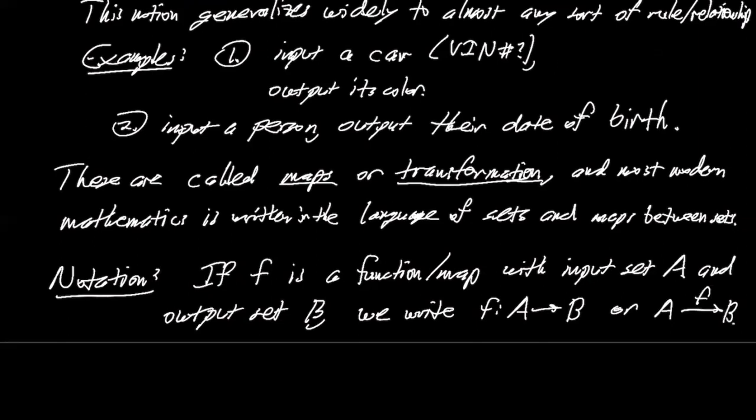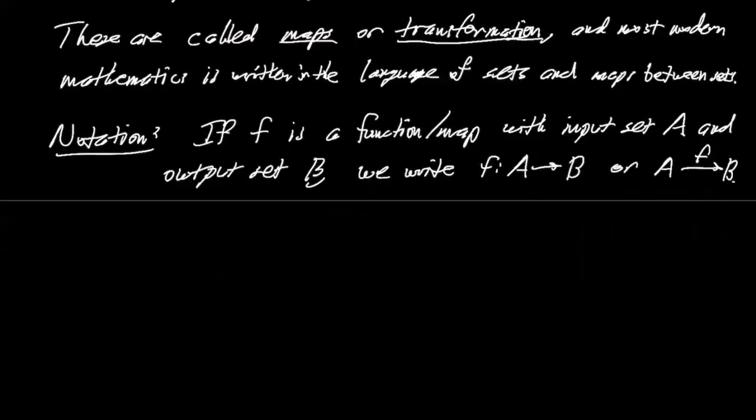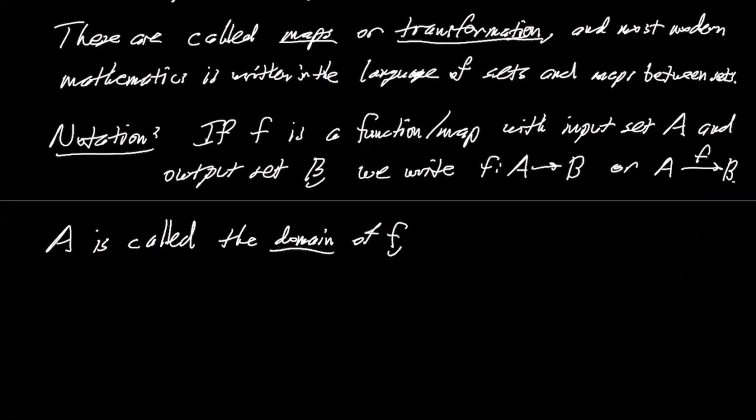Okay, and there's names for this. A is called the domain, which you've seen before, I'm sure, in pre-calc or something. The set of all possible inputs to a function is called its domain. The domain of f. B is called the codomain. It's just another word, domain and codomain.